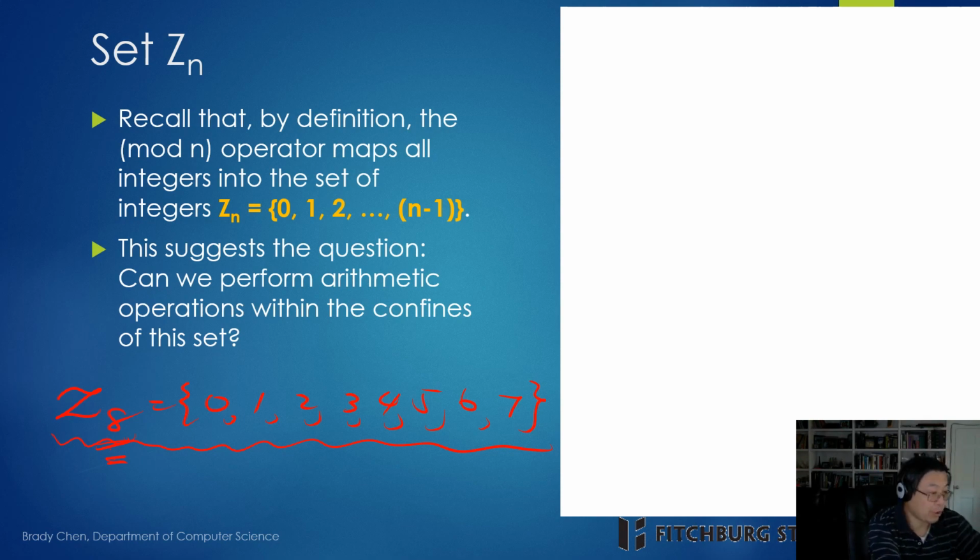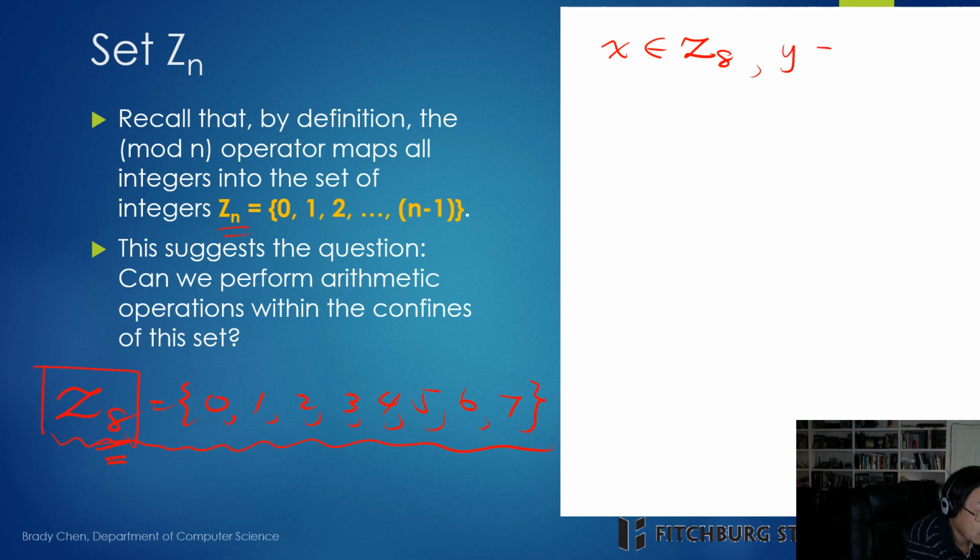Now this gives us a suggestion: can we perform arithmetic operations within the confines of this set? In another word, let's just take an example of Z8. We just forget about general Zn, it's basically the same. Let's say x is an element in Z8 and y is an element in Z8. Can we define the operations like plus, minus, multiplication within this set?